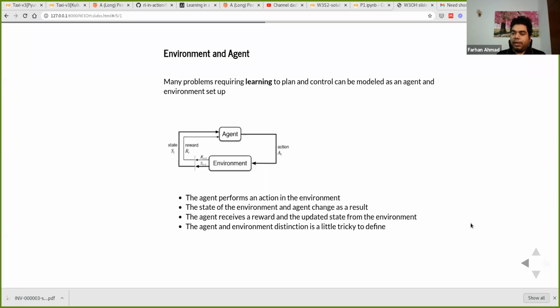But if you think about the state, the information that we want to track and feed to our algorithm, that state includes the position of the ball. It has to have access to that information to make intelligent decisions. So in that sense, the state of the agent is included in the larger state which you want to feed, right? You can think of the state being part of the environment state, or you can think of the state as being made up of the state of the agent and the state of the environment. But you will have to think about that distinction for every new problem.